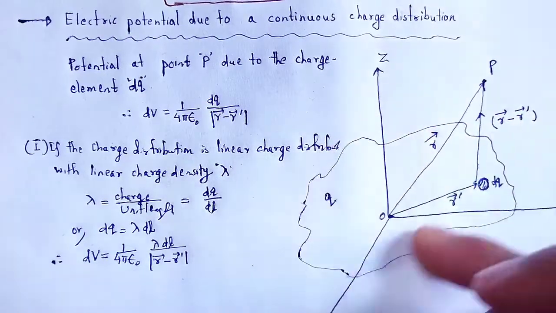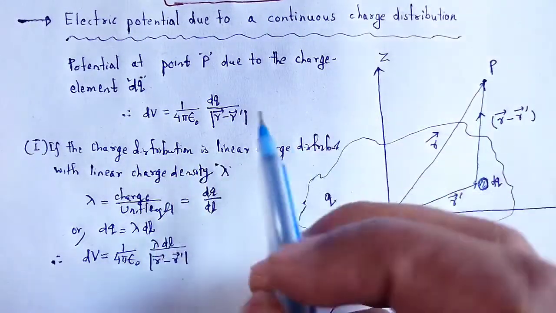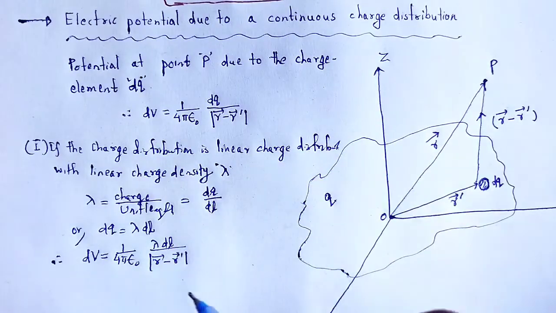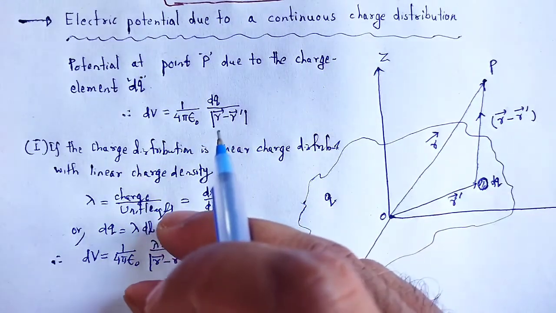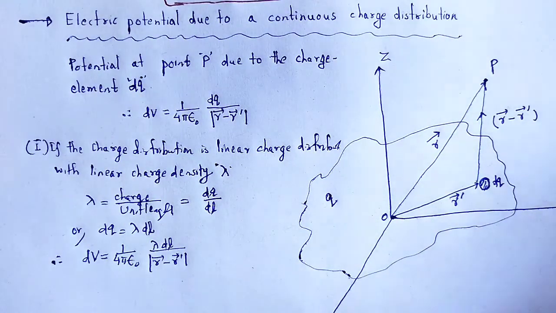But the total potential at point P, when the charge distribution is linear, can be obtained by integration.